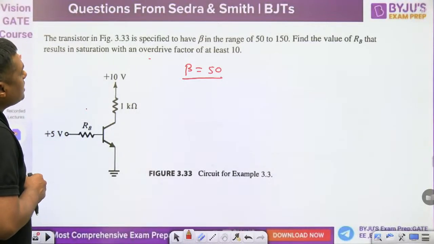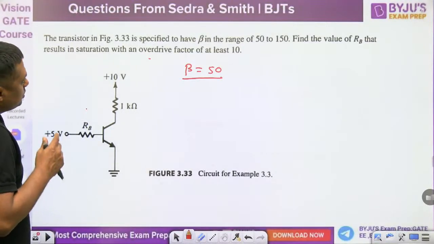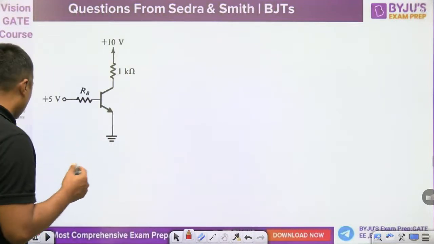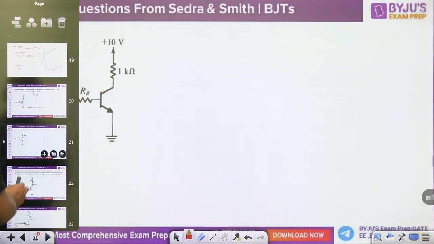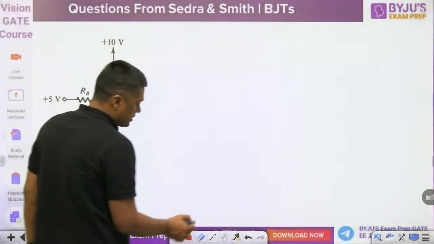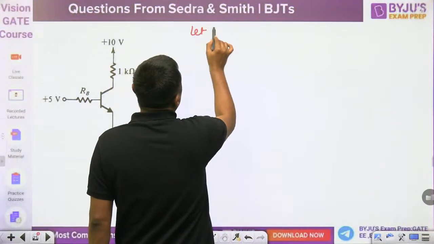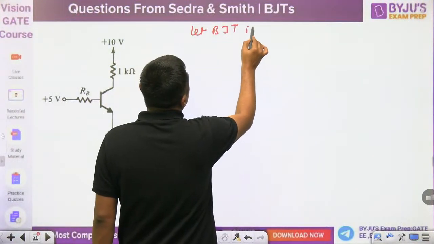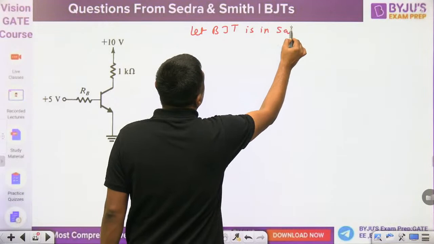Now, what is asked? What is the overdrive factor? Now, let the BJT be in saturation. Always, if you want to solve a question based on saturation, always assume the BJT is in saturation.